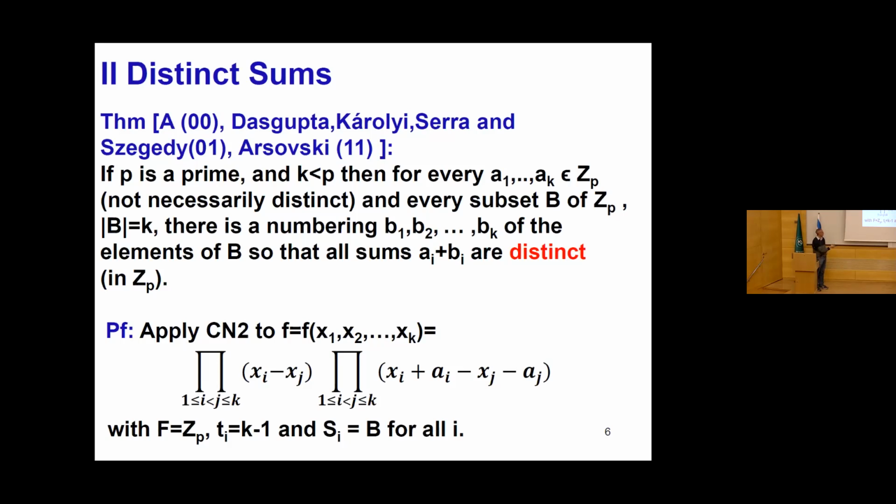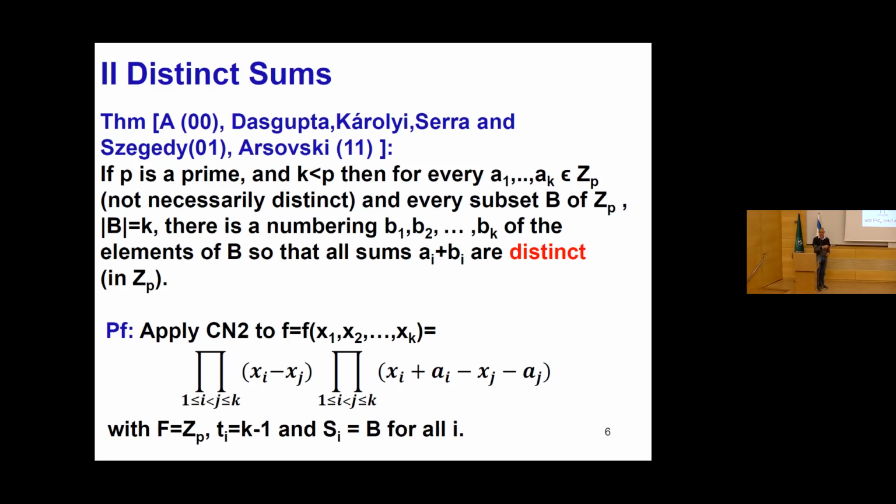So we just want to apply this combinatorial notion, with the field being Zp, and ti is k minus 1 for every i. You see the total degree of this polynomial is a product of two terms, each of degree k choose 2. So the total degree here is k times (k minus 1), which is the sum of all the ti's, and Si will be B for all i.